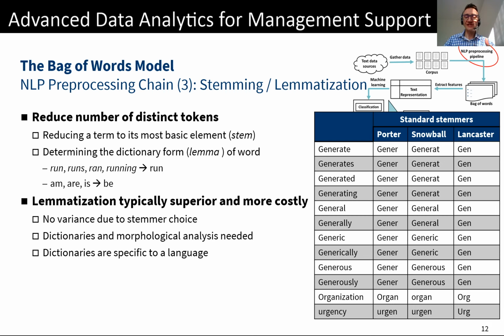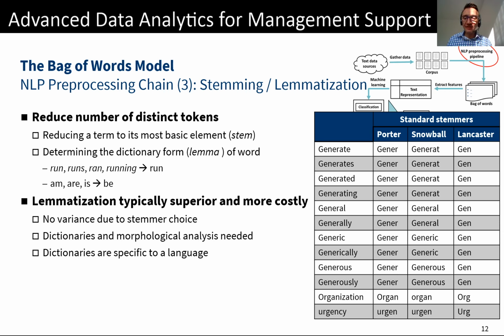And generation and generic, that are totally different words. And any downstream system would no longer be able to distinguish between generation and generic and generate, because all these words in the original text would be mapped to the token gen. That's the downside of cutting down dimensionality a lot.